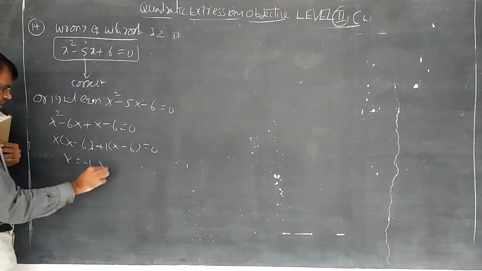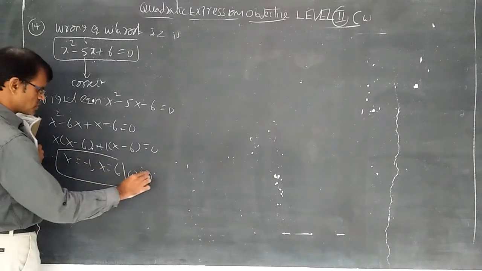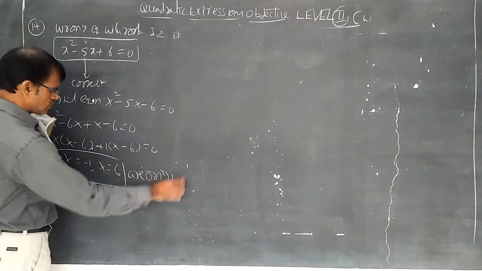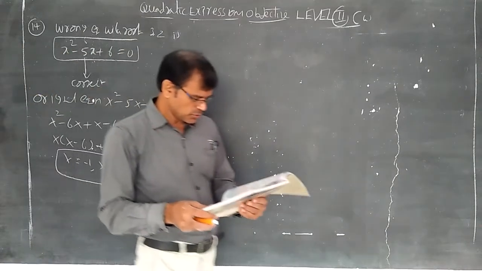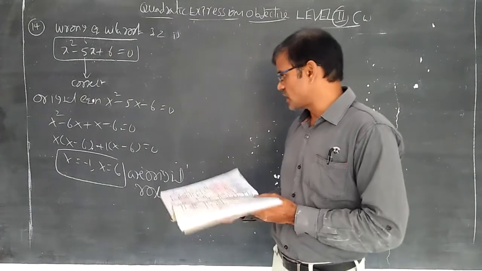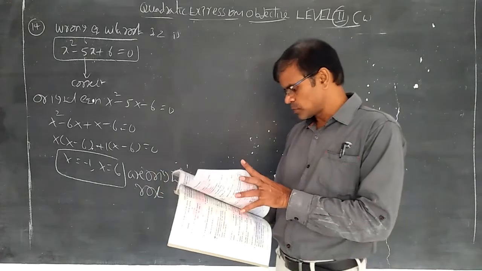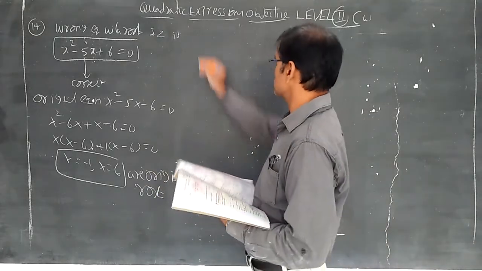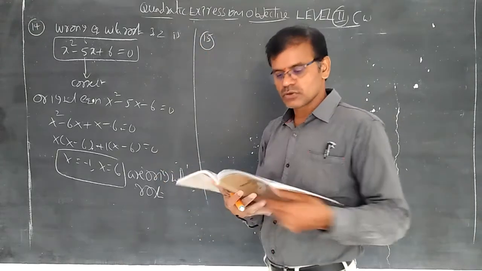So x is equal to -1 comma x is equal to 6 are original roots. The other student got original roots as -1 comma 6. Fourth option. Yes.